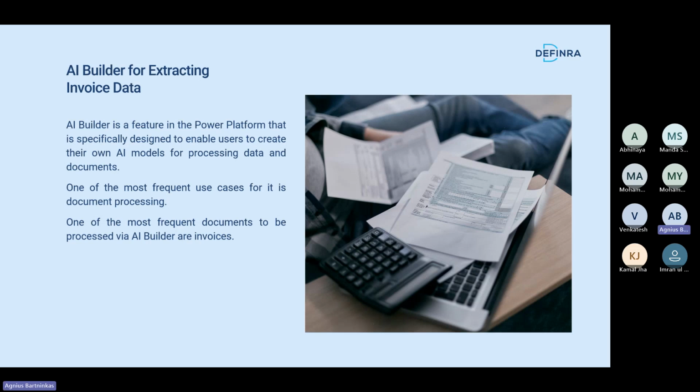Now, one of the most frequent use cases for it is document processing. And within document processing as a category, the most frequent documents to be processed are invoices, because every business receives invoices. The second biggest type of documents to be processed are usually orders, as in, our customers sending us orders.